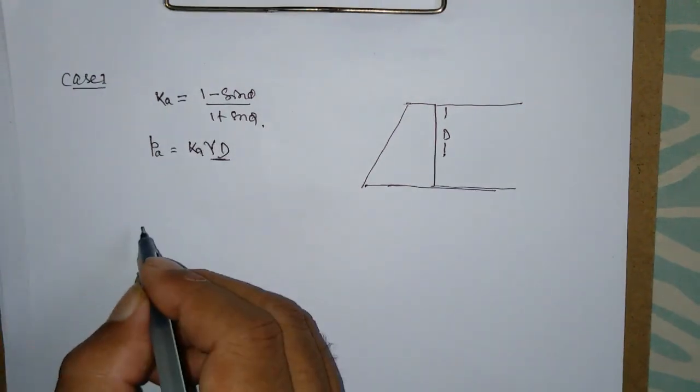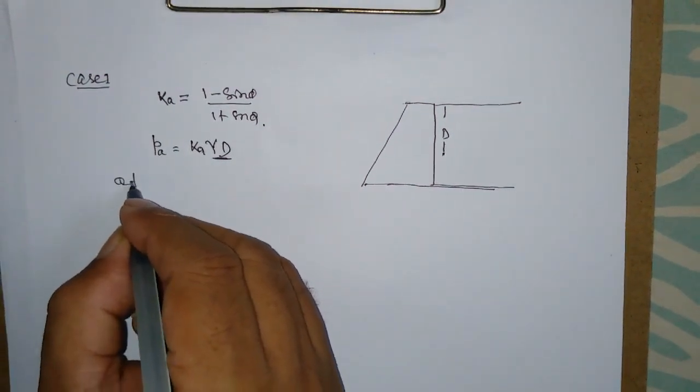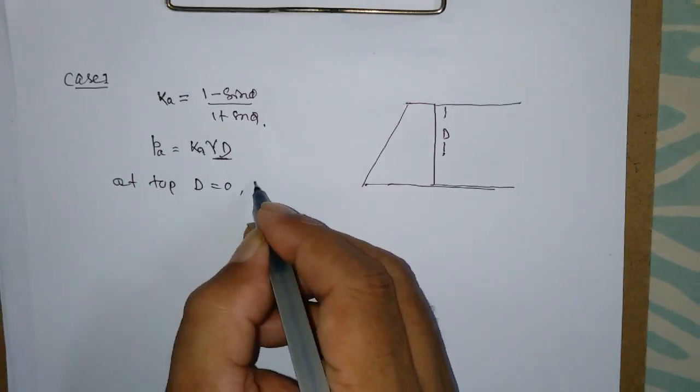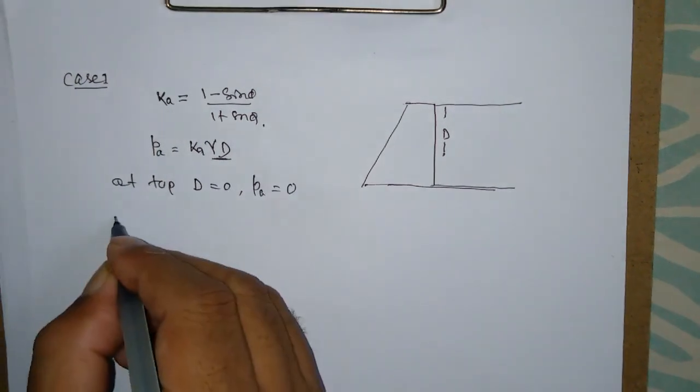So Pa changes. At top, where D is equal to 0, Pa is equal to 0.